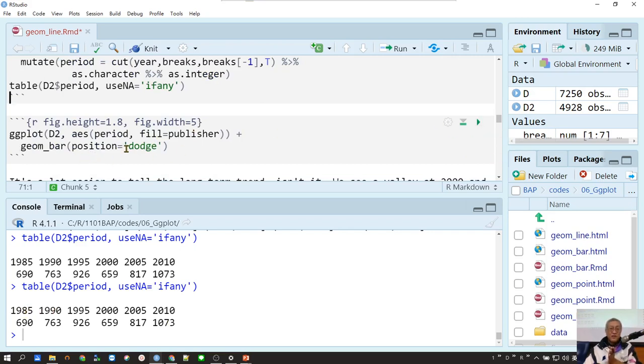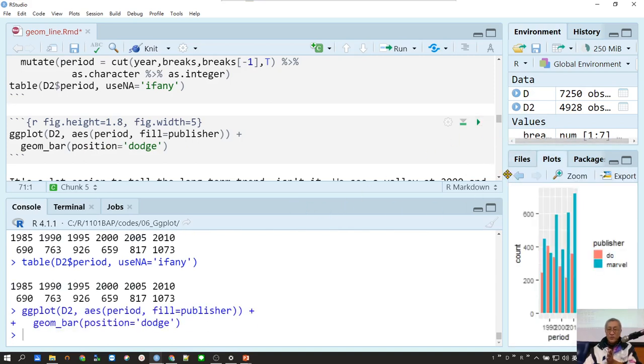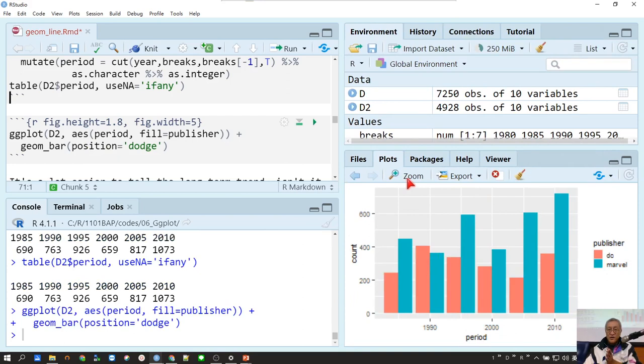As long as we have this column, if we map period into X and we use publisher as color, we can plot the bar plot, because there are only 6 periods. When the number of periods is very small, a bar plot can do the trick.